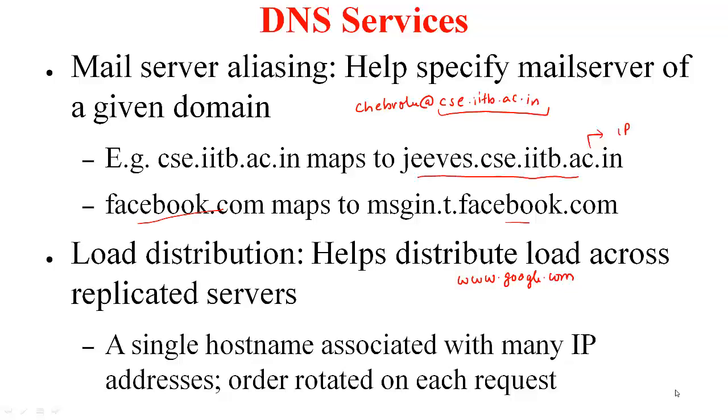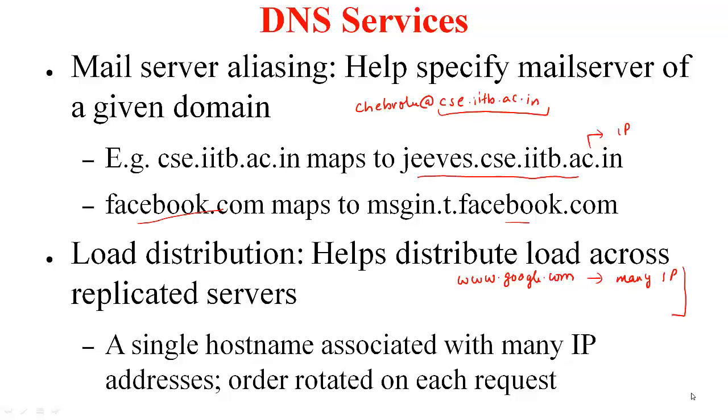The way this is handled by DNS is that when you ask what is the IP address corresponding to this, it will give many IP addresses. And what DNS does is rotate the order of the IP addresses. The clients normally act on the first IP address. In case they are not able to establish a connection to that particular IP address, then they take the second IP address, and so on. I will show this in action in an upcoming demo.